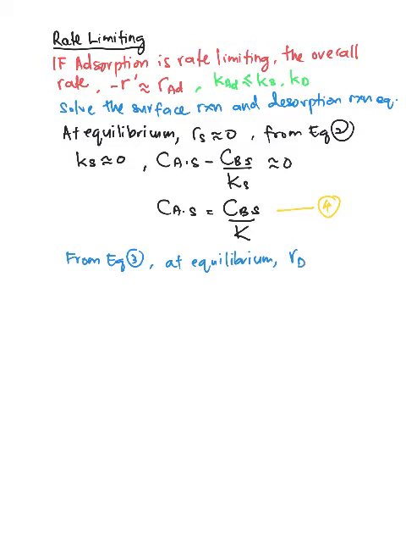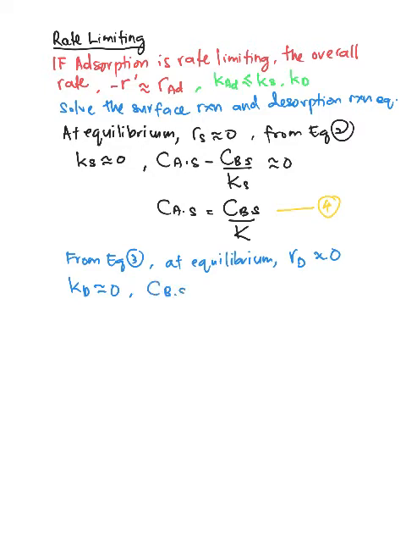Rd equal to 0. Therefore, Kd also equal to 0. Then the term in the bracket also equals 0.